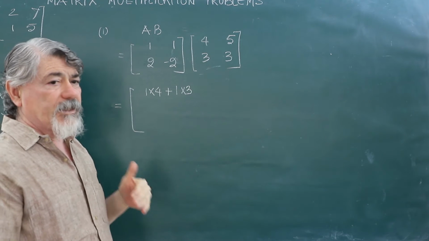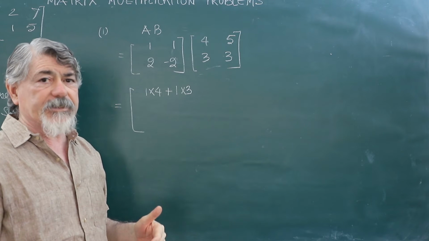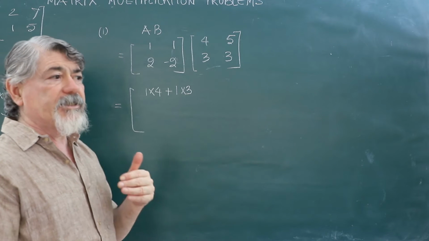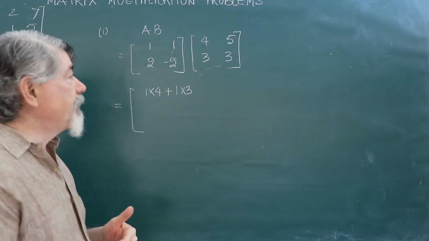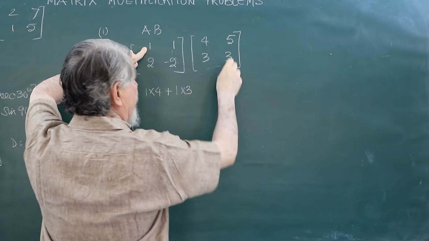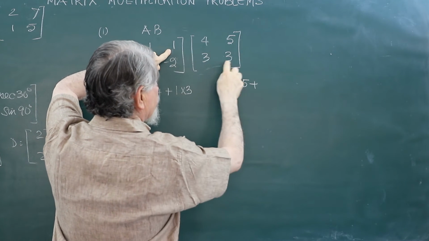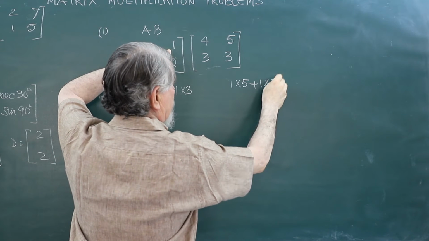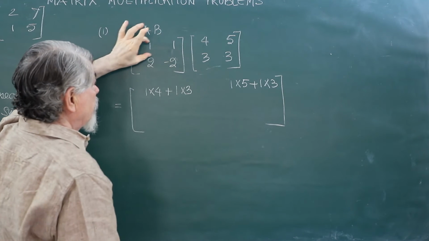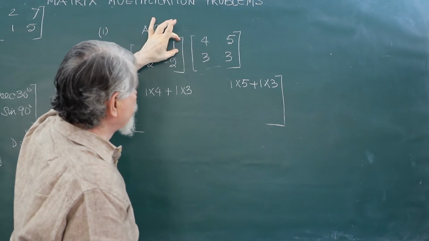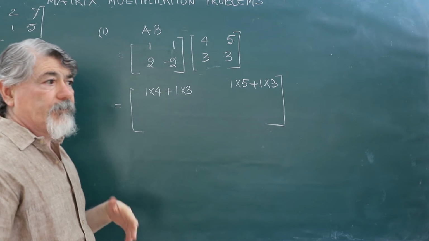Then the same row, that is the first row of the first matrix, will be multiplied by the second column of the second matrix. That is 1 into 5 plus 1 into 3. First row into first column, then first row into second column.